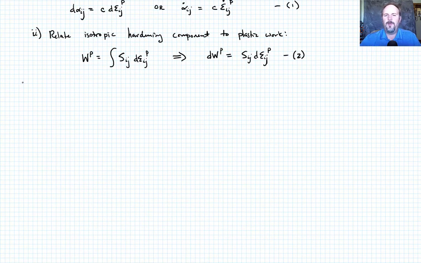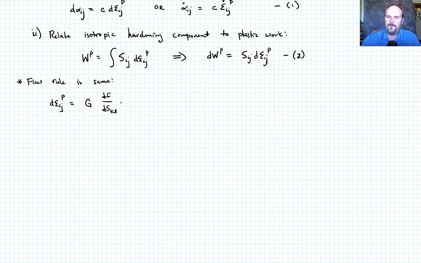Now I want to remind you that we already had a flow rule, and that flow rule remains unchanged. So the flow rule is the same, and let me remind you what that is. During yielding, we can write that the plastic strain increment, d epsilon ij plastic, is going to be equal to the scalar hardening function g times the partial of f with respect to Skl, dSkl, times the partial of f with respect to Sij, right?